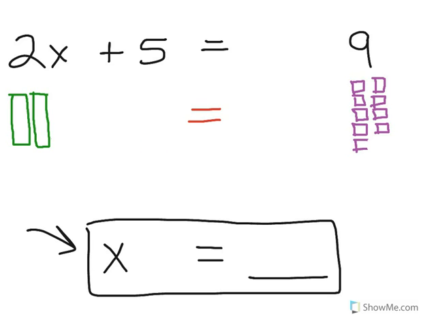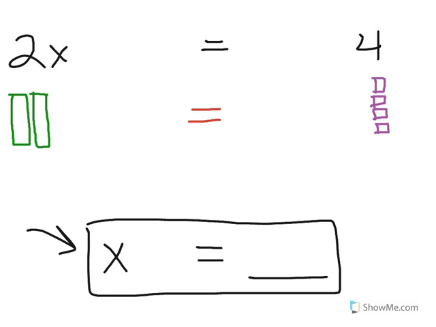Let's get rid of those 5 squares. Of course, when you get rid of those 5 squares, you're subtracting 5. Well, if you subtract 5 from one side, you have to subtract 5 from the other side too. So 5 of these squares are going to go away, and that's not going to be a 9 anymore. It's going to be 9 minus 5, which is 4.